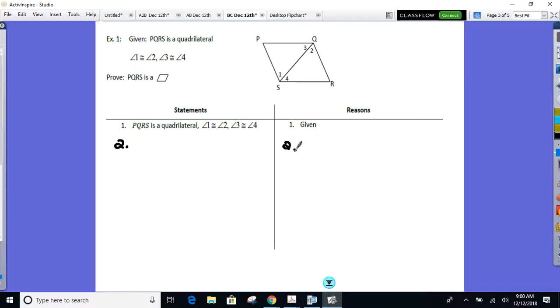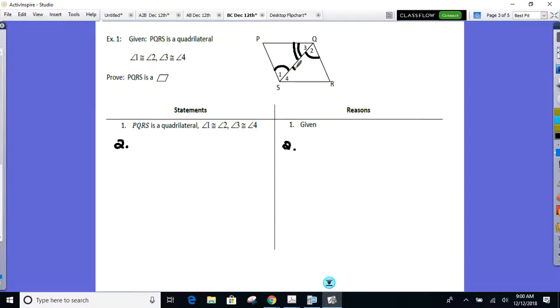See where it says PQRS is a quadrilateral? You have no properties other than it's got 4 sides. Quadrilateral does not mean opposite sides congruent or opposite sides parallel. All this is telling you is it's a four-sided figure. That's it. All right, turn it into a parallelogram. This one's not too bad. It's the second one we're going to have to work our tail off for.